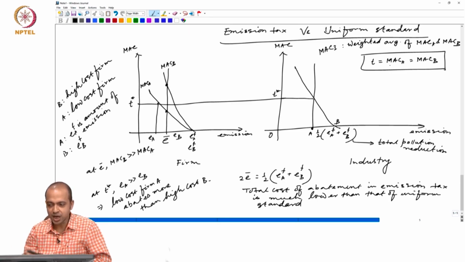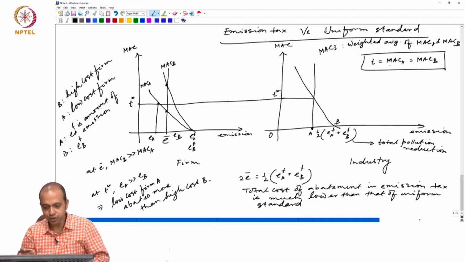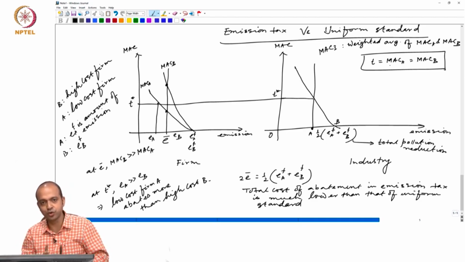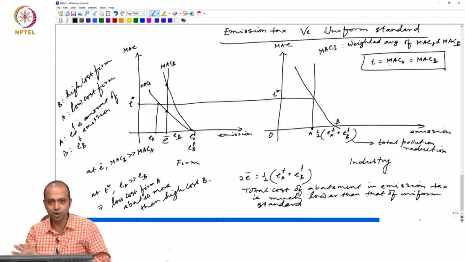Okay? This is how we can prove the efficiency of emission tax, and in the same way we can prove that even tradable pollution permit is equally efficient, but we are not discussing that mechanism here.